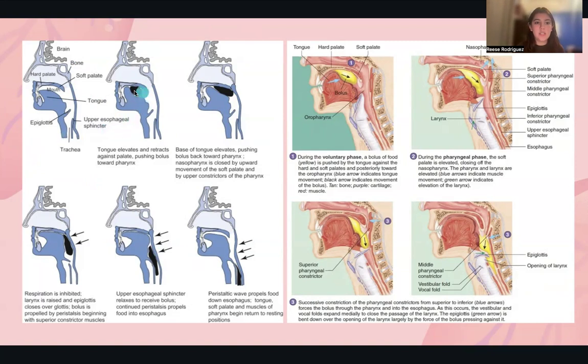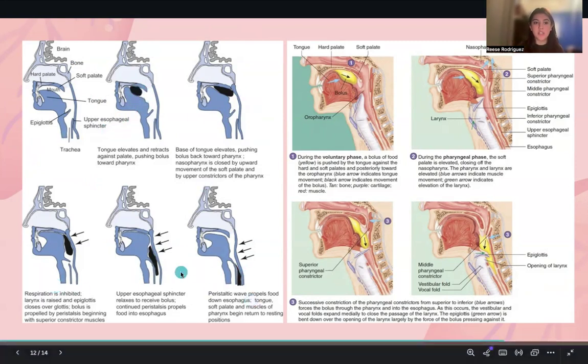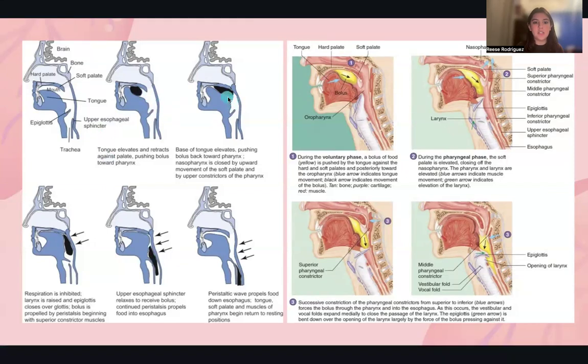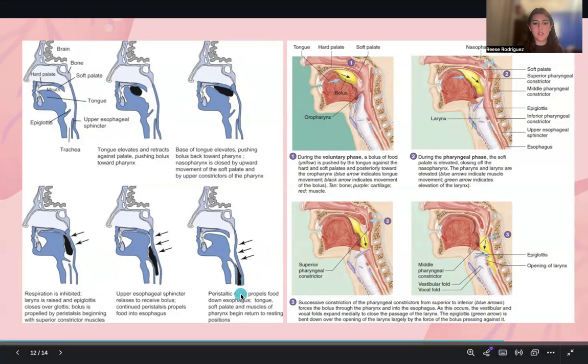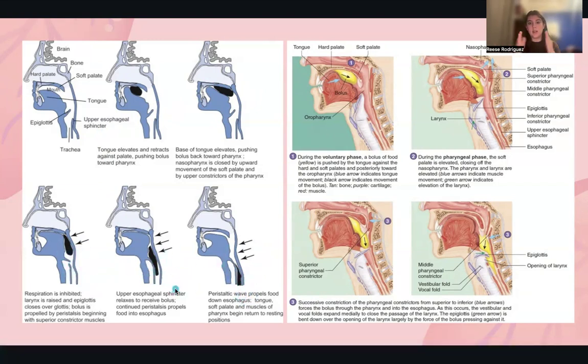And as you can see, the black area is a representation of food. It enters, it is being pushed back, and then we have some elevation, and then it goes to the pharynx, and then it will move down to the esophagus. So in these areas is when you will see the in and out movement in order to aid in the passage.